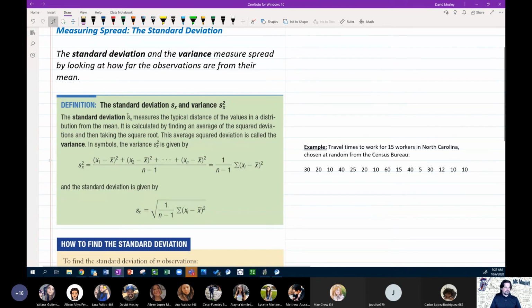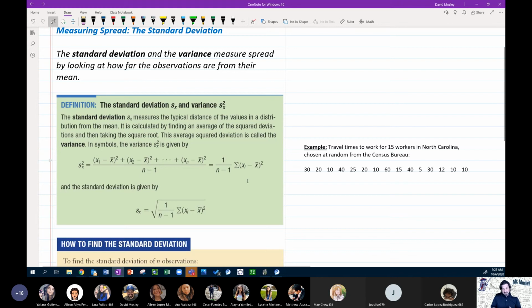The standard deviation, S sub x, measures the typical distance of the values in a distribution from the mean. It is calculated by finding an average of the squared deviations and then taking the square root. This average squared deviation is called the variance. That's this big long string of stuff here. It's S squared sub x. And the standard deviation is given by the square root of the variance.